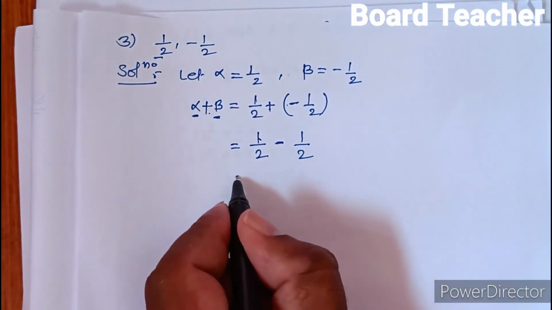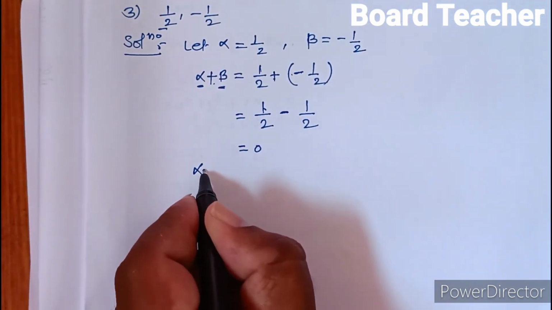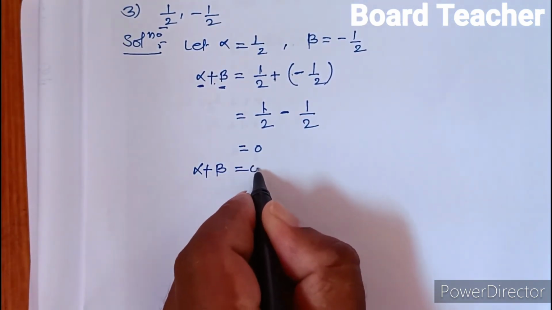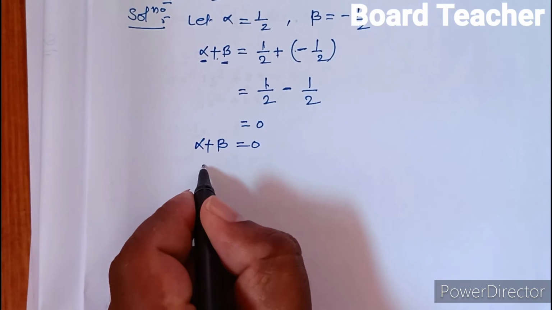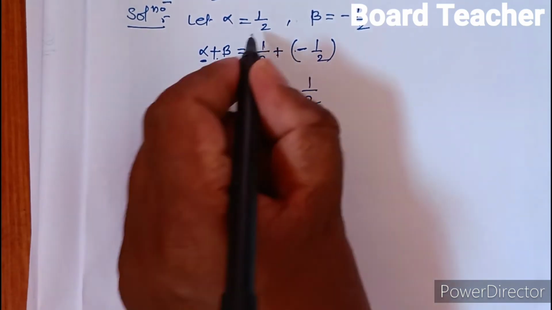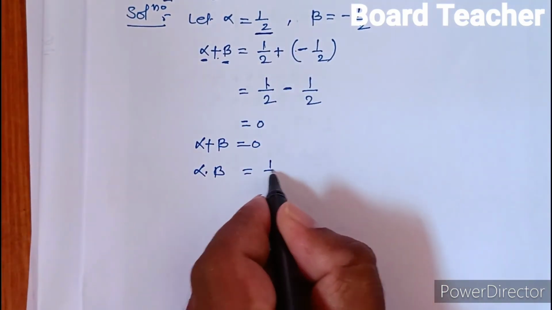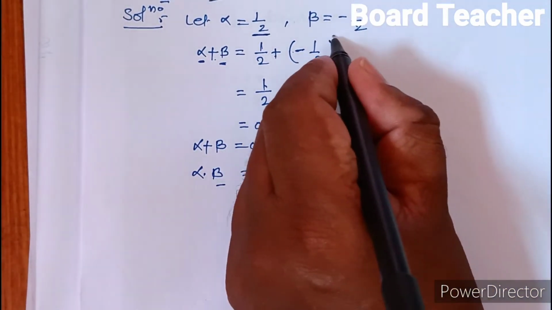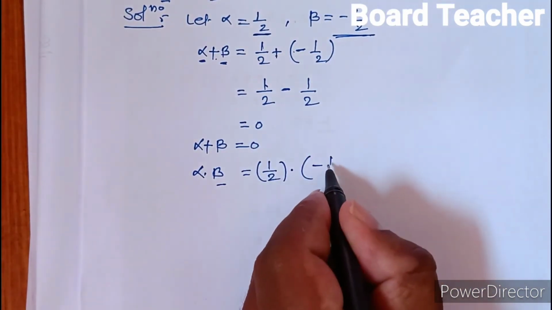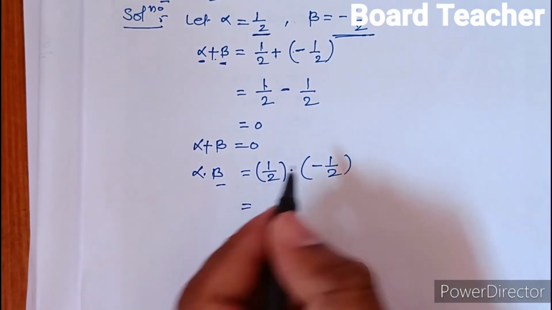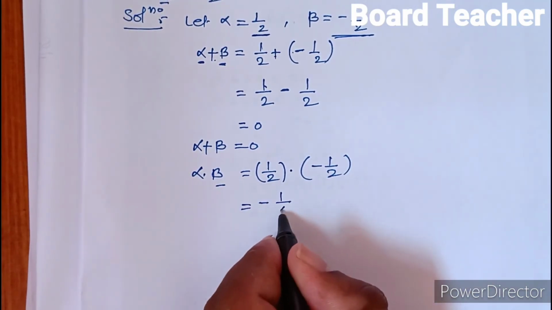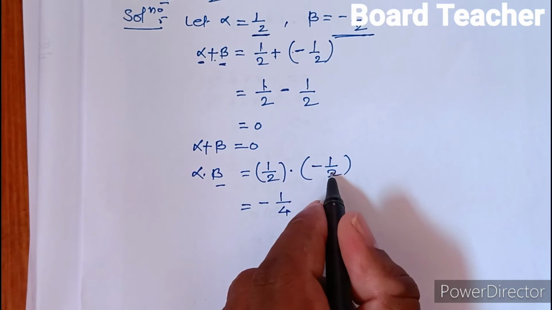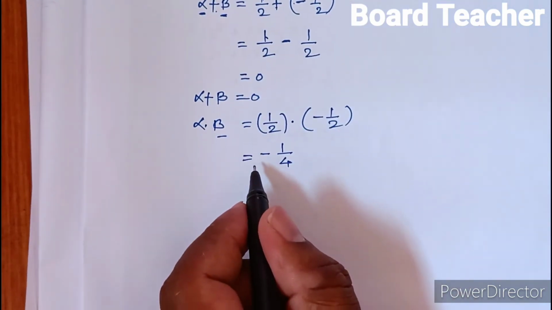Putting these values, 1 by 2 minus 1 by 2 is 0. You get the sum of the roots equals 0. Now the product of roots, alpha dot beta, equals 1 by 2 dot minus 1 by 2. The product of this is minus 1 by 4, 1 into 1 is 1, 2 into 2 is 4, and plus into minus is minus, that is minus 1 by 4.